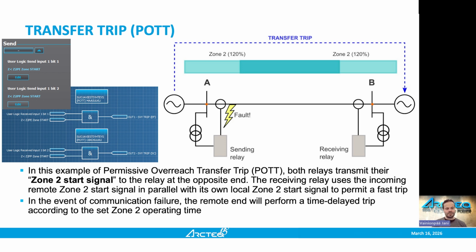So whenever the zone 2 at station B is starting and it receives this close fault signal from station A, we can perform this transfer trip a few milliseconds after the station 1 zone 1 trips. So basically, we don't need to wait for an additional 300 milliseconds with the zone 2, and we can trip right away.